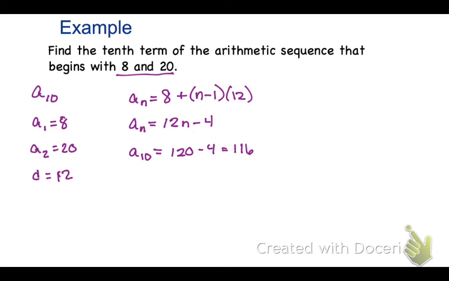Are we good to go? Wait, wouldn't it be negative 12n? No, because it's 8. Never mind. I put a minus instead of a plus. Okay. And that's one of those things, if I write a sub n equals a sub 1 plus n minus 1 d every time, are those going to make it?